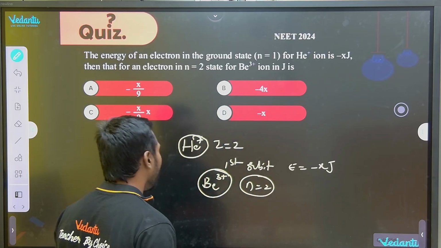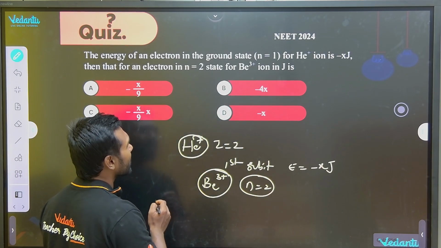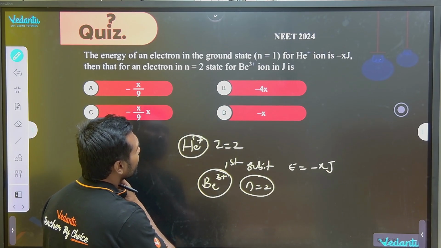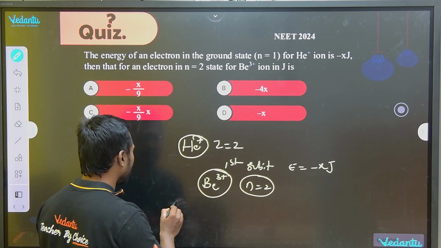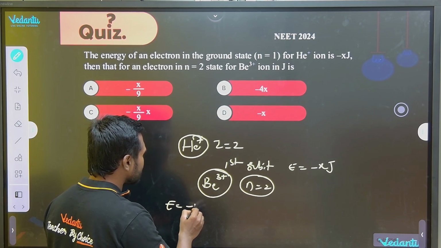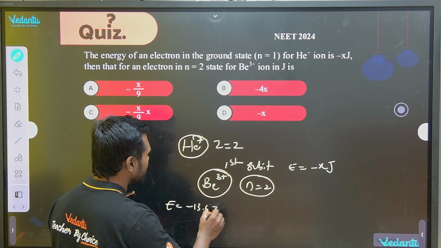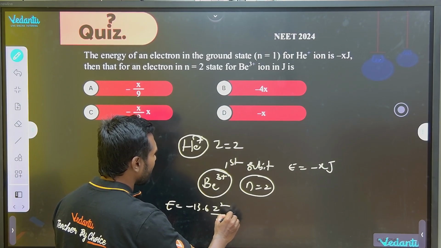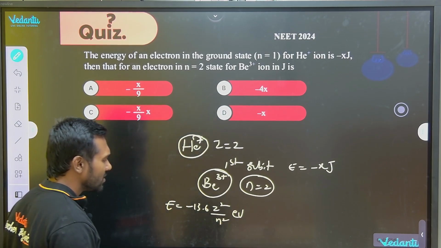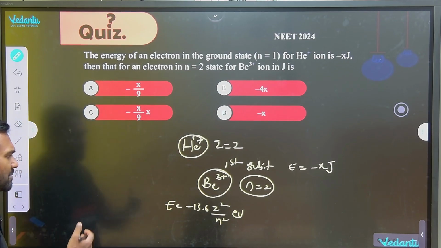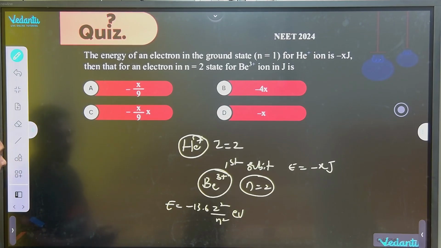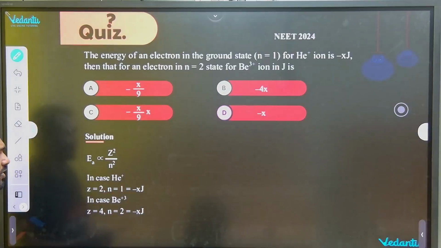If you take the energy equation, minus 13.6 Z square by N square electron volt, now here you substitute the Z value of beryllium and the N value, and then you find how much value you are going to get.